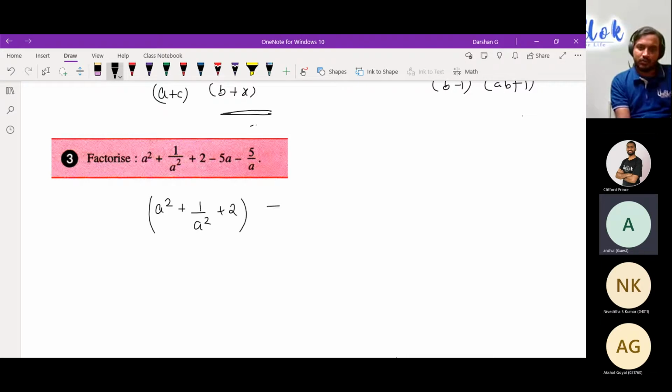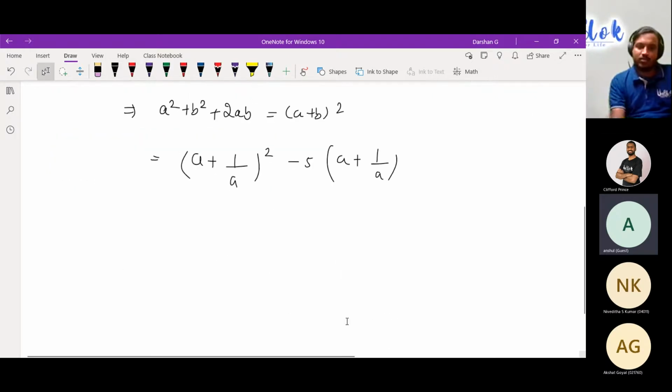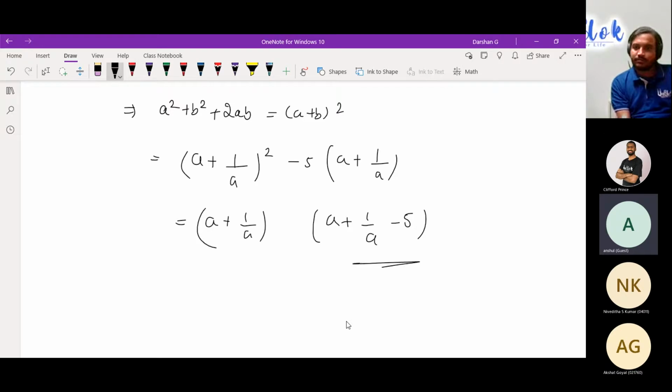Out of this, see what is common. 5 is common, so it is a plus 1 by a. Very simple. Always when it is in square format, remember you have a very beautiful formula, that is a square plus b square plus 2ab is equal to a plus b the whole square. If I write that in that format, it is a plus 1 by a the whole square minus a plus 1 by a. Take a plus 1 by a common, and you will end up with the answer Anshul and Akshat have told.